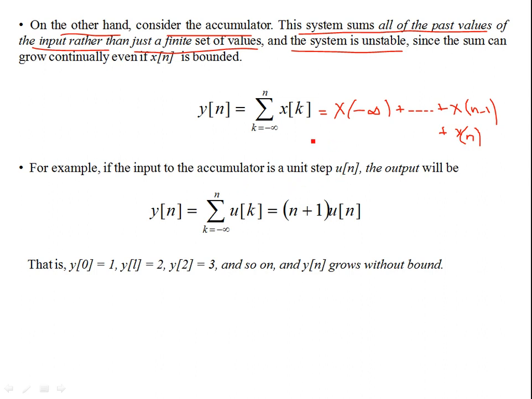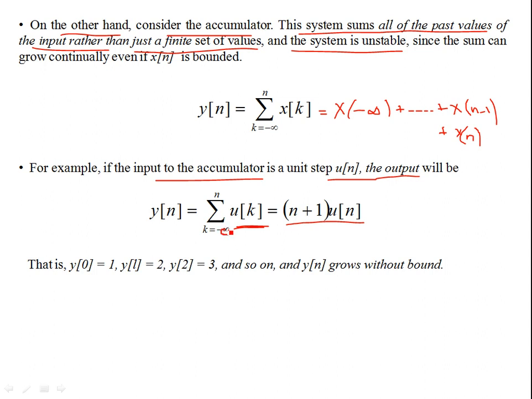Okay. So to characterize this system as an unstable system, what we do is we apply a bounded input. So for example, if the input to the accumulator is a unit step input, the output will be, you can write this. I mean, this x is replaced by u of k over here, and the output is n plus 1 times u of n. If you have to compute, you don't need to worry about the negative indices.